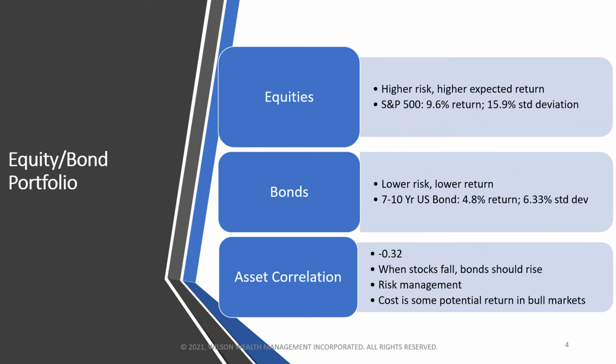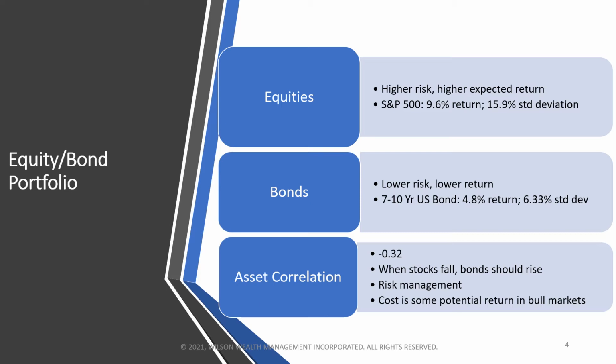The question that often comes up is, why the heck do I want low return bonds in my portfolio? We talked about the risk return relationship previously. Equities, on average, are riskier than fixed income, and because of that, over time, equities provide higher expected return.